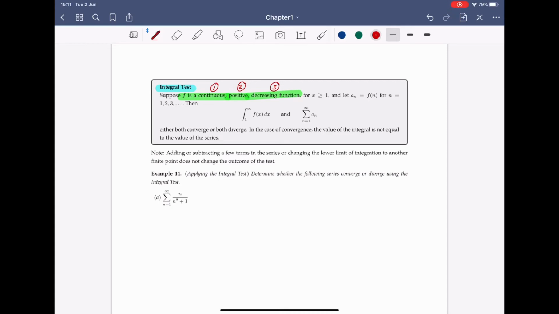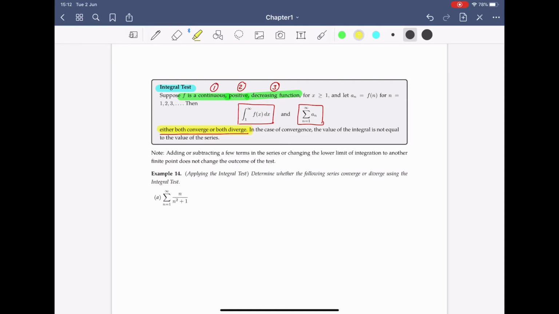Once you know that, then the integral from 1 to infinity of f(x) dx and the series sum of a_n will have the same convergence or divergence pattern. So they either both converge or both diverge, as I highlighted in yellow.